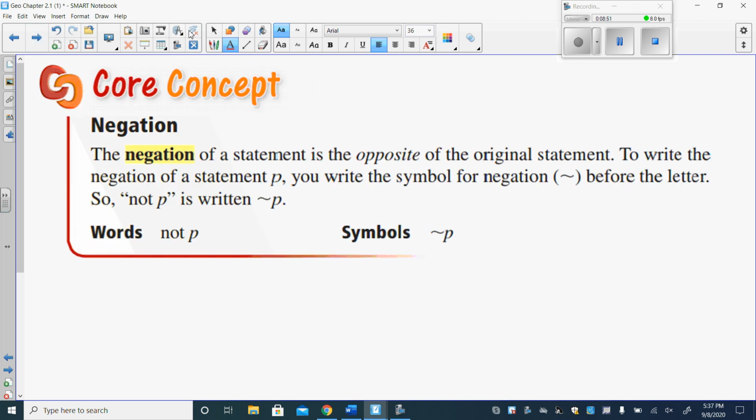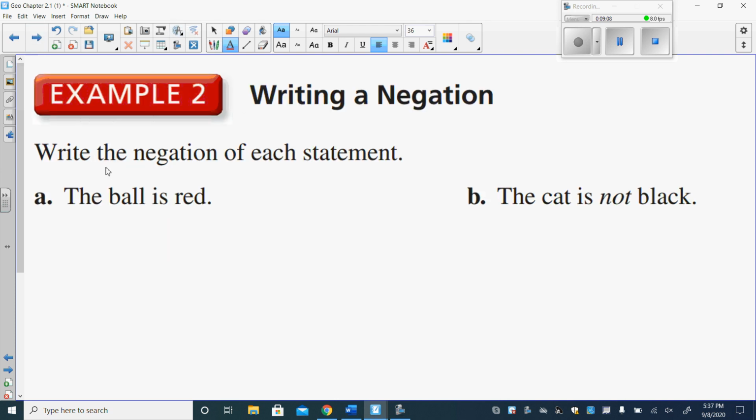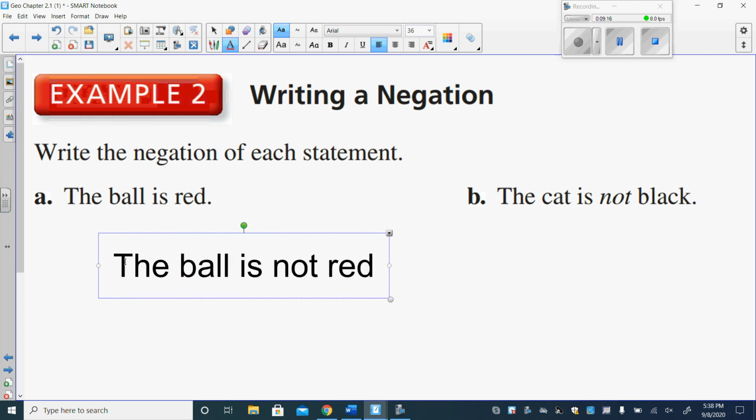Now that brings us to the next thing, the negation. The negation, I find, is sometimes most students' favorite part, because the negation of a statement is the opposite of the original statement. The negation of the statement P, you write this symbol, this little squiggle line, before the letter. So not P is written as a little squiggle line, P. So if we say the ball is red, the negation of this statement is the ball is not red.